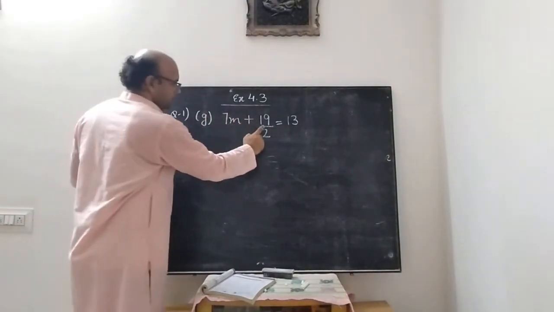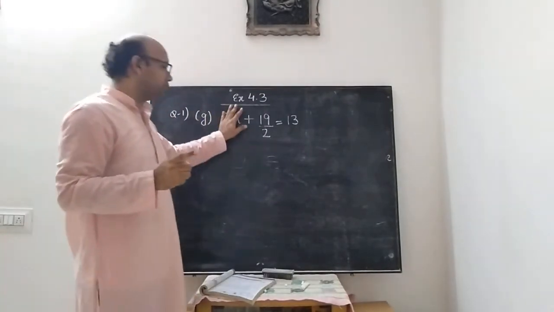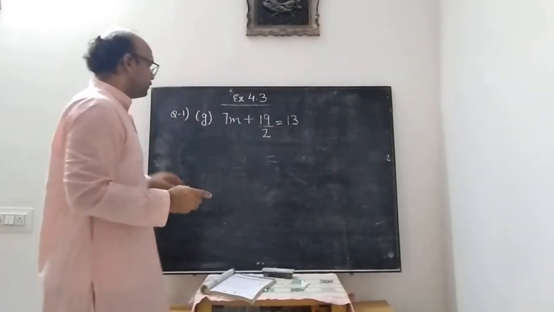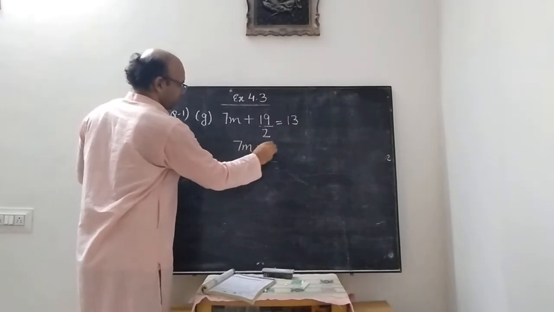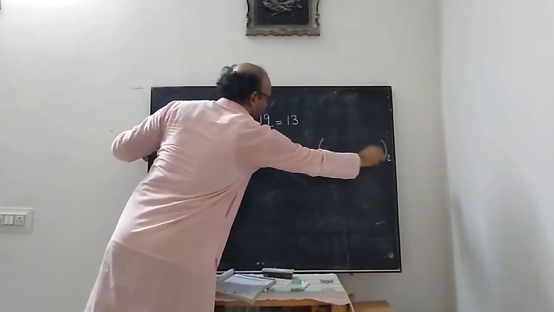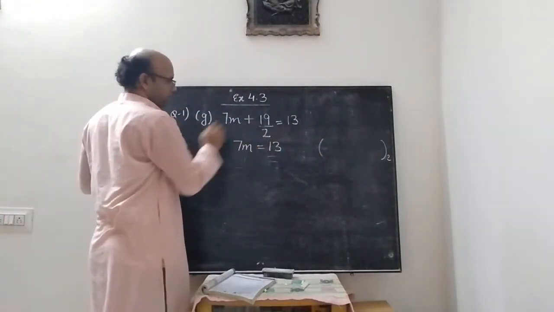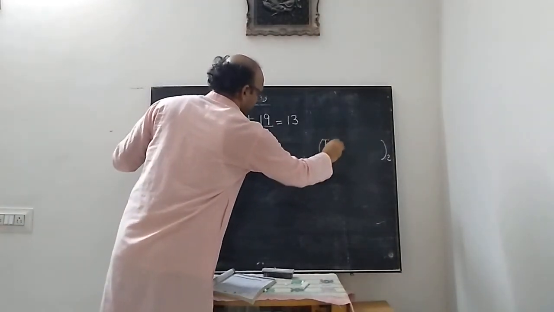First of all, we try to have the variable on one side and the numbers on the other side. So we have 7m is equal to, we transpose, and you can write what you do in the brackets. We are transposing 19 by 2.